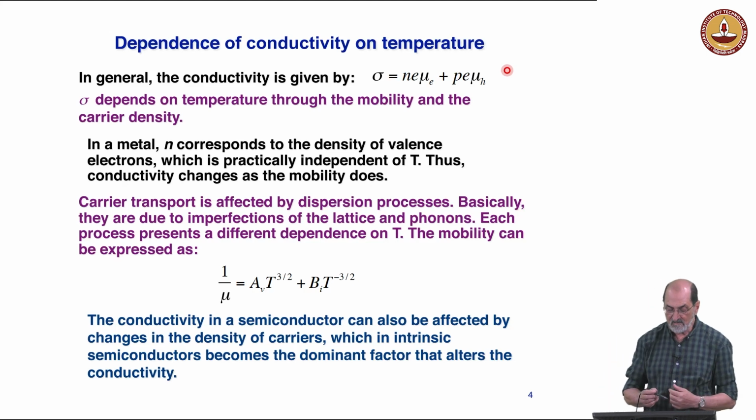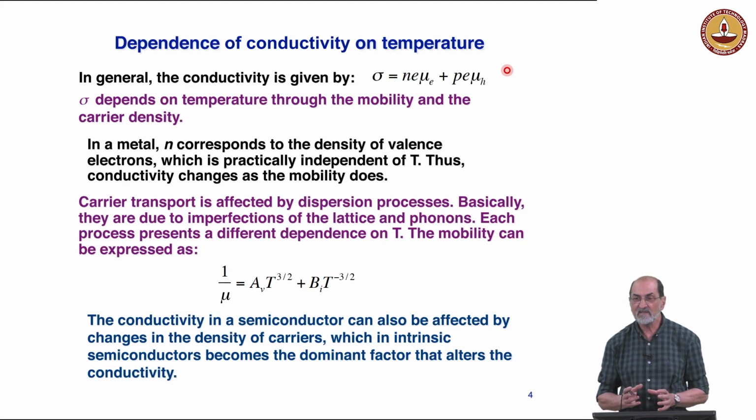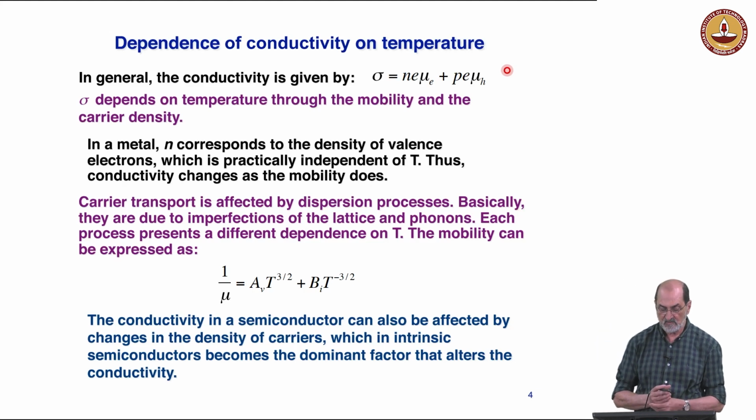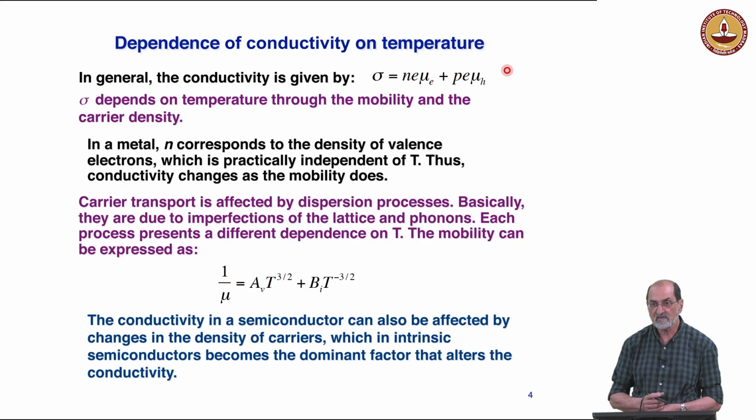In the semiconductor, essentially we have two main sources that affect the conductivity as a function of temperature. One is a change in the density of carriers, which in intrinsic semiconductors is dominant.